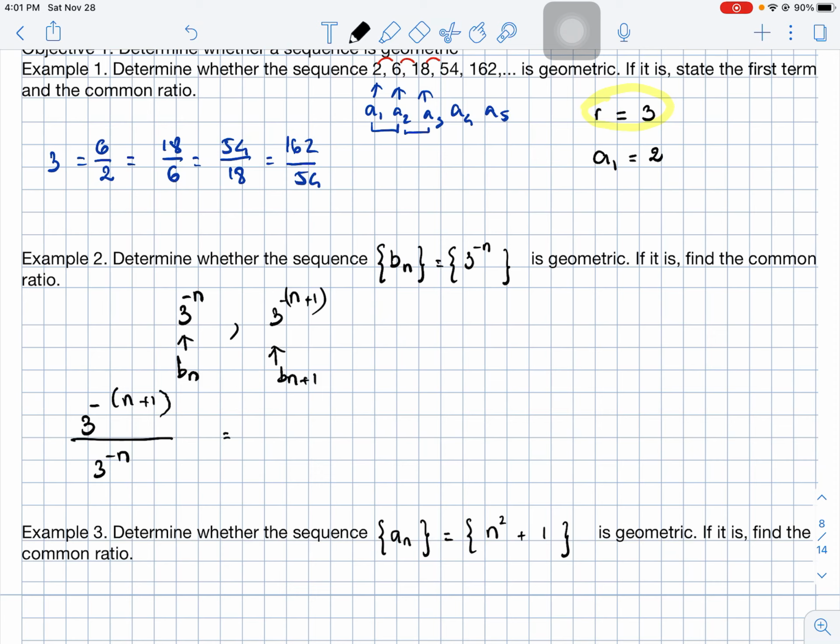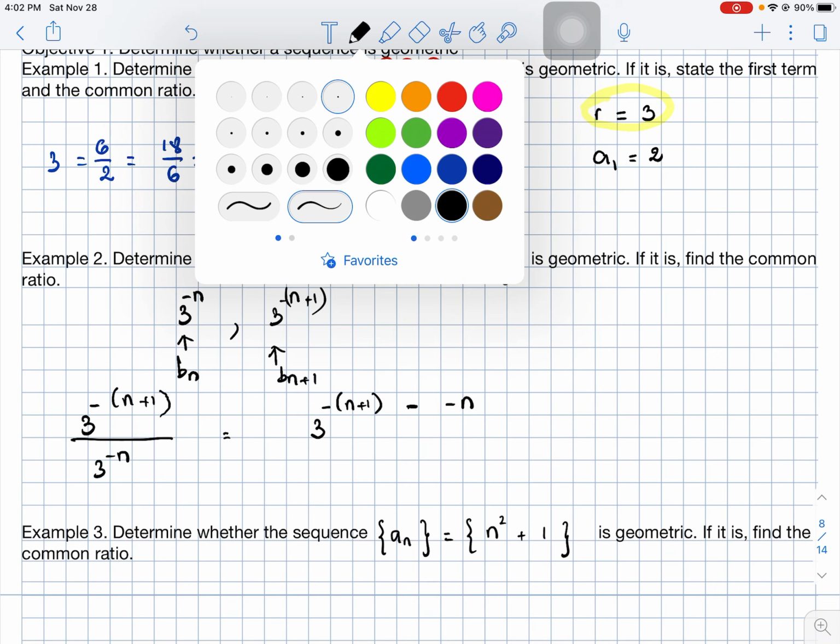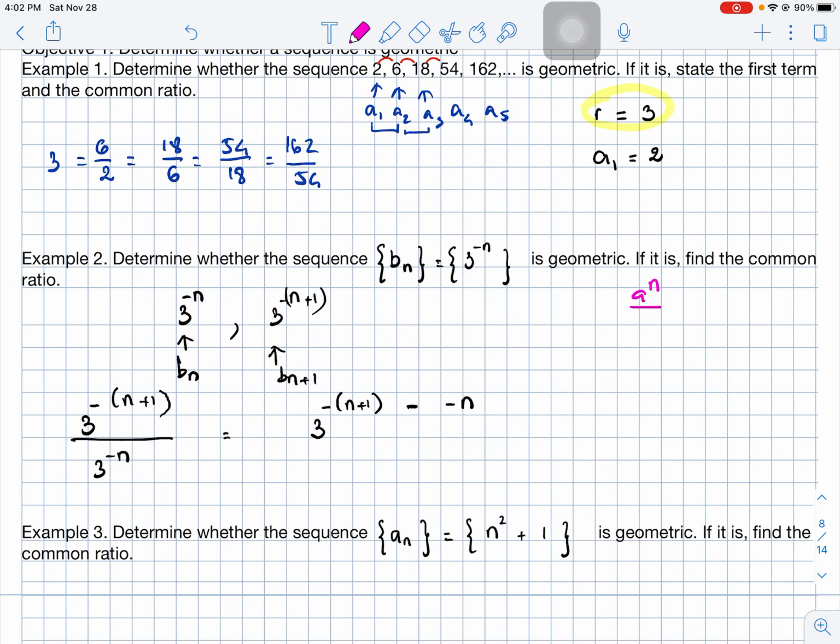Now we simplify this. This is the same as 3 to the negative n plus 1 minus negative n. You recall that we have a to the n divided by a to the m, we have the same base, we just subtract the exponent.